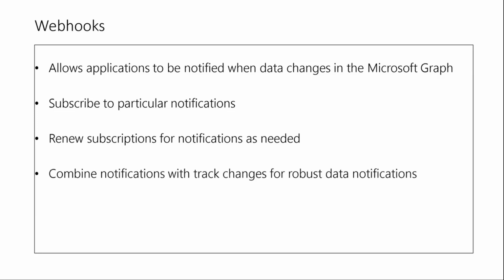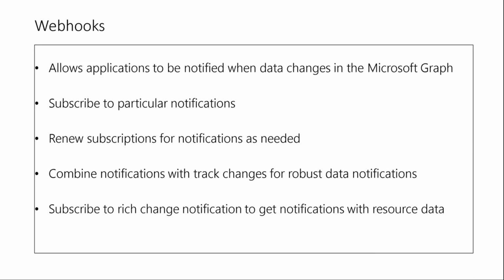This is also something which is used for delta querying. So if you struggle with what is the best interval for delta queries, change notification is used as one of the ways to get a notification that data is changing and it is time for the application to do a delta query.